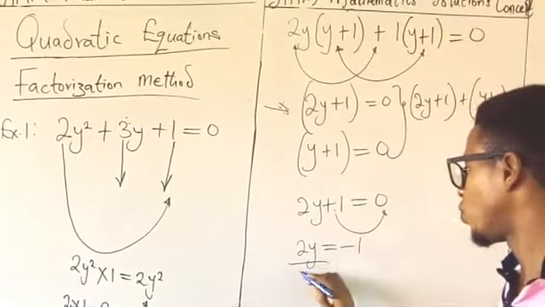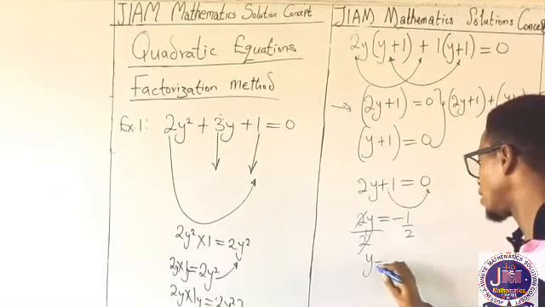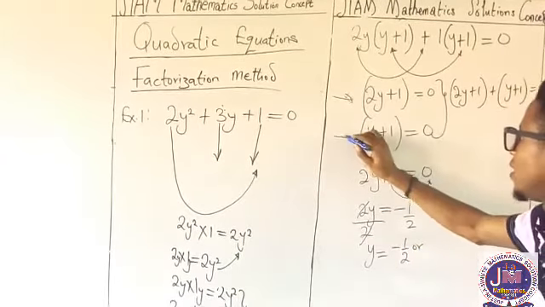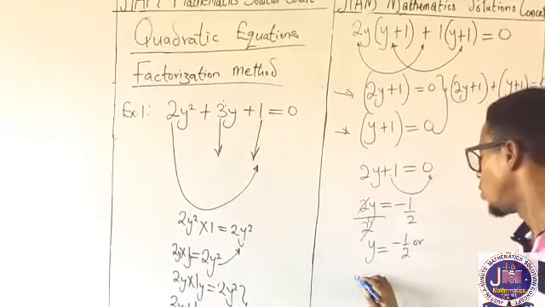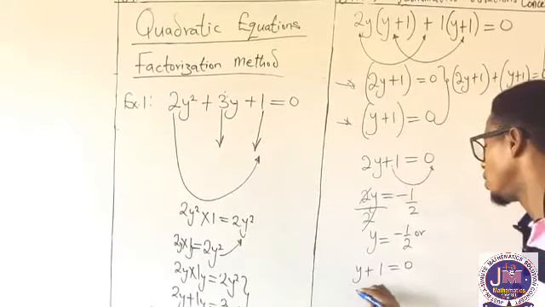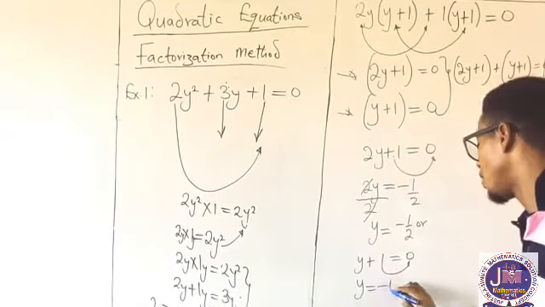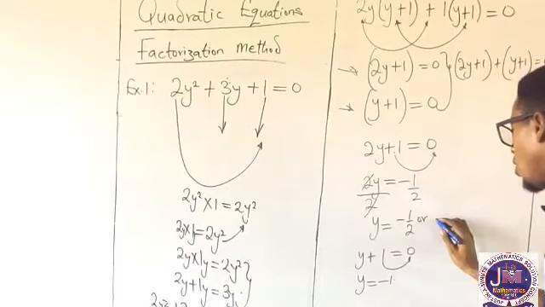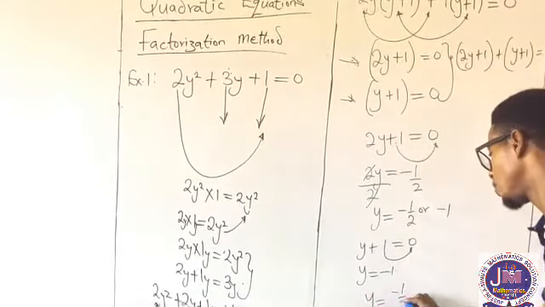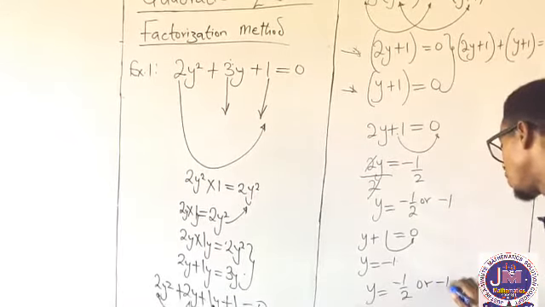Now divide by 2, the 2 cancels 2, so y is equal to minus 1 over 2. Or let's check for this: y plus 1 equals 0. So y equals, when you collect like terms, minus 1. So y equals minus 1 over 2, or y equals minus 1.